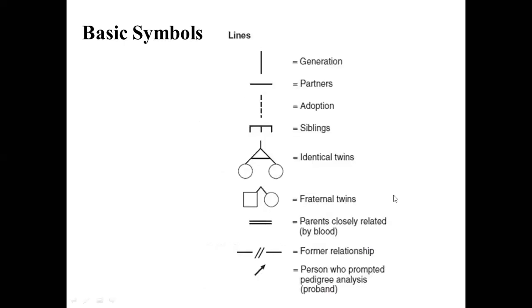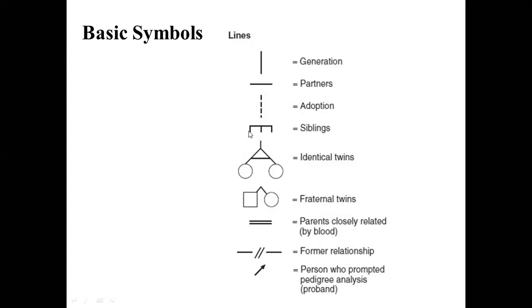So after that we have basic symbols once more. A straight vertical line represents the generation, and a line from left to right represents the partners. The dotted line represents adoptions, if there is an adopted sibling or adopted child.